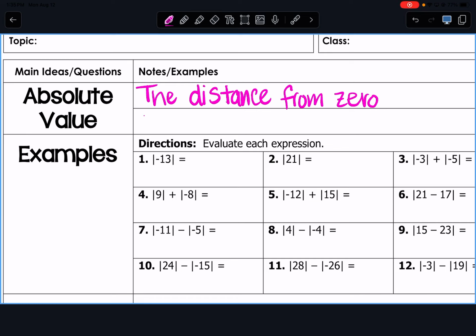And it is going to always be positive. And then we're going to do some of these examples. We're not going to do all of them, so don't panic when I skip around.